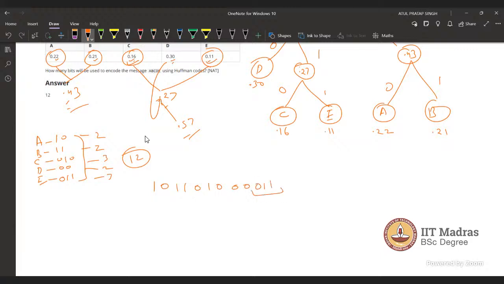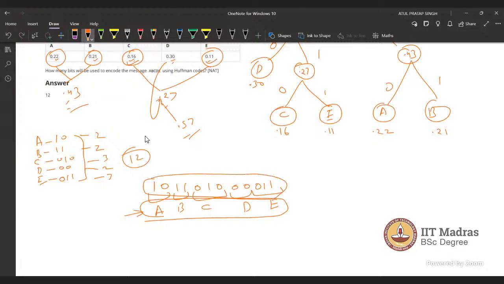This is for E, this is for D, this is for C, this is for B, and this is for A. We have created the bit form for this message, so you can count the bits, which are represented as 0 and 1.